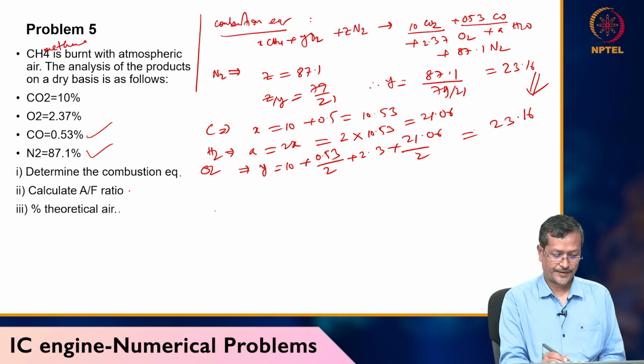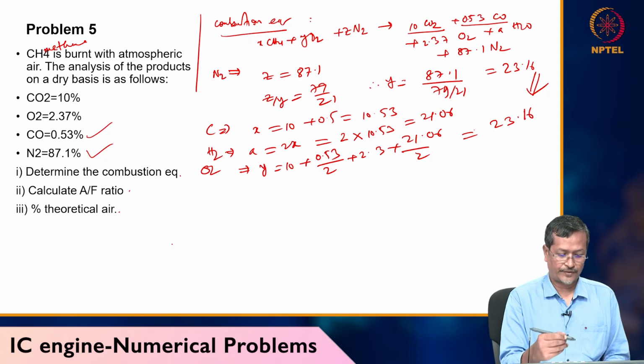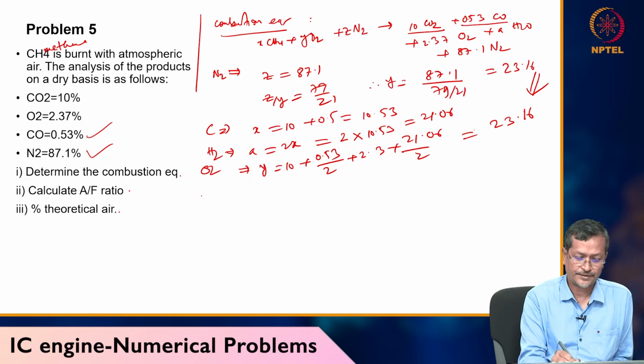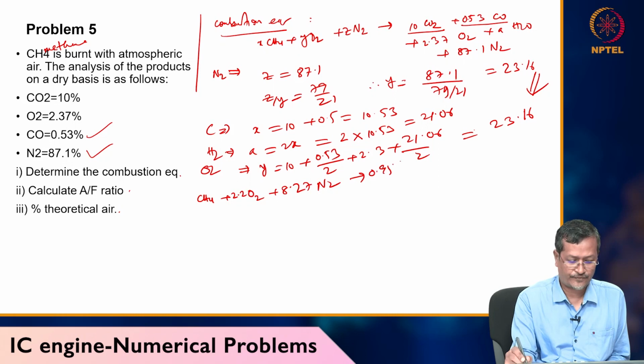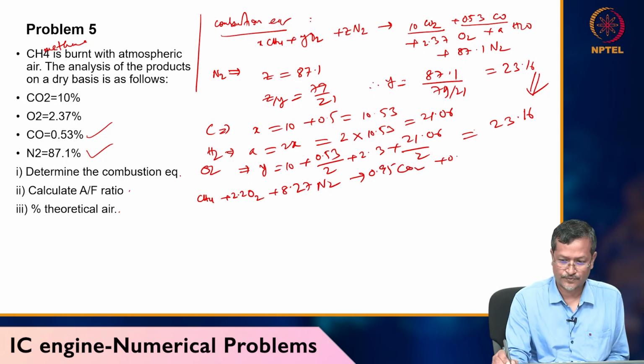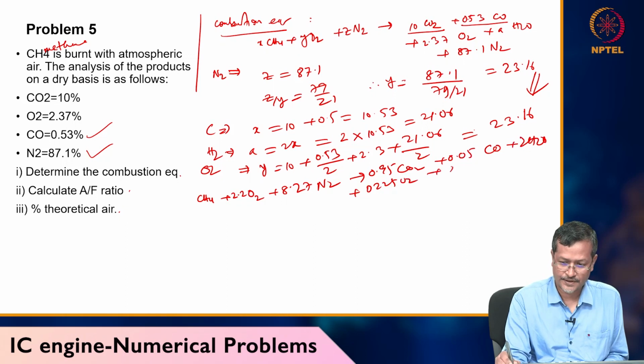Now if we divide both sides by 10.53, we get the equation CH4 plus 2.2 O2 plus 8.27 N2 gives 0.95 CO2 plus 0.05 CO plus 2H2O plus 0.225 O2 plus 8.27 N2.